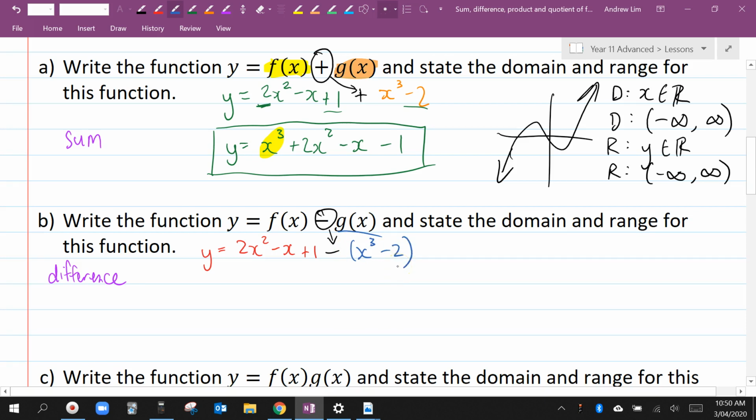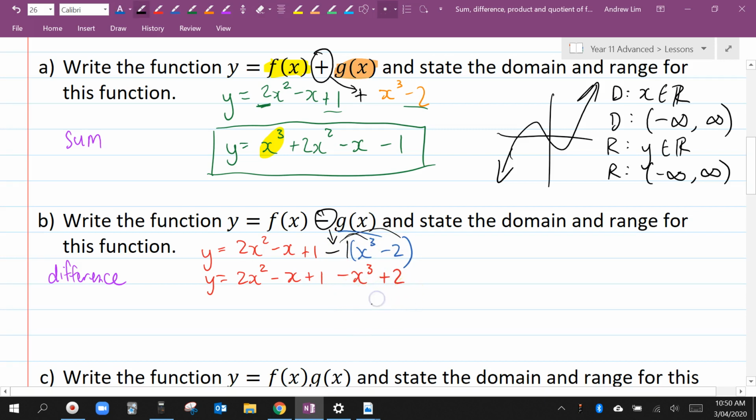And now we just collect like terms. If you want, we can expand the brackets. Minus x cubed and plus 2. Because remember that there's an imaginary 1 out here. When we expand, we multiply. Minus 1 times x cubed is minus x cubed. Minus 1 times minus 2 is positive 2.